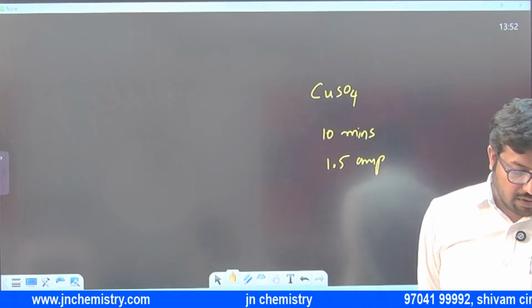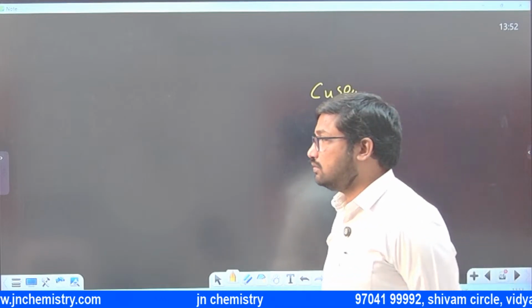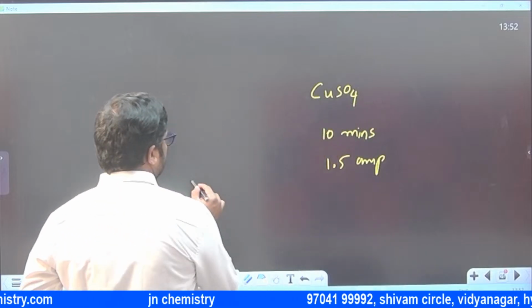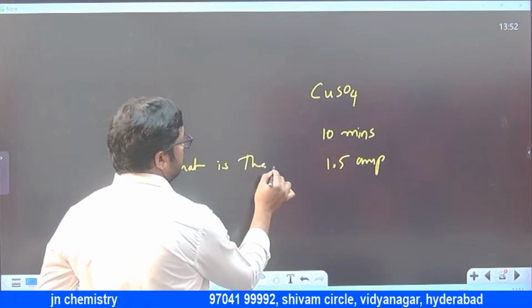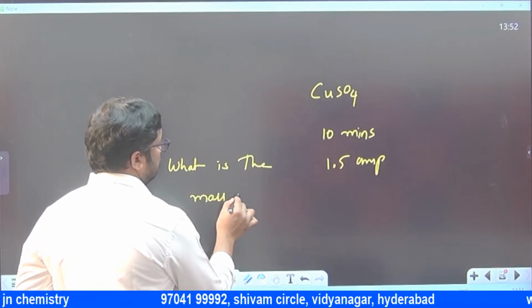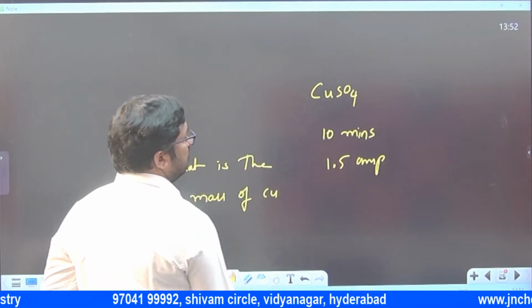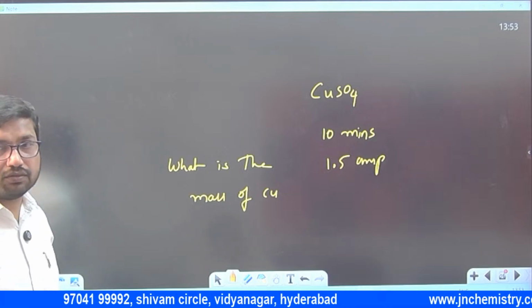What is the mass of copper deposited at the cathode?